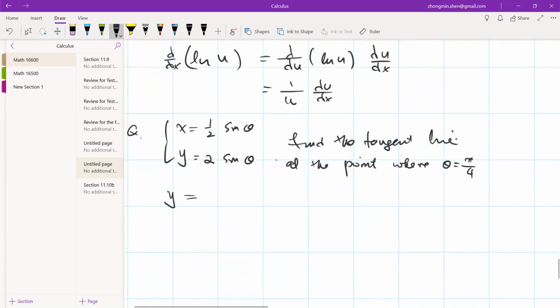Y over x is 2 sine theta over 1/2 sine theta, which is going to be 4. So y equals 4x. So the tangent line to a straight line is the same. It's itself.